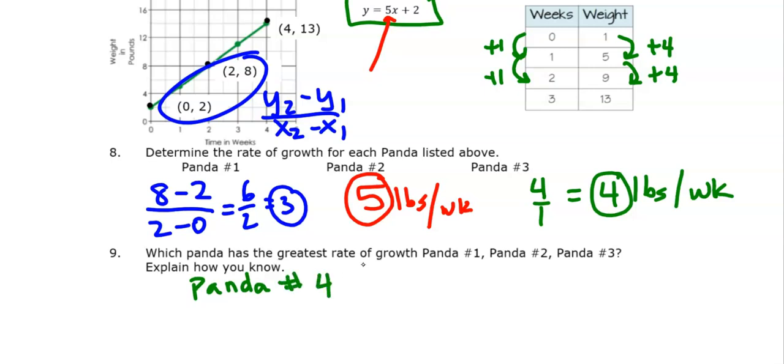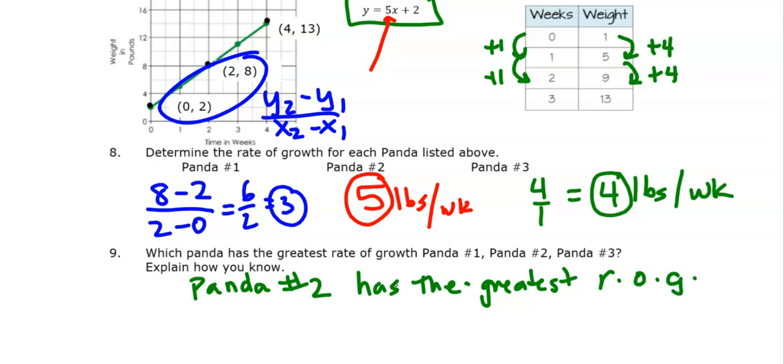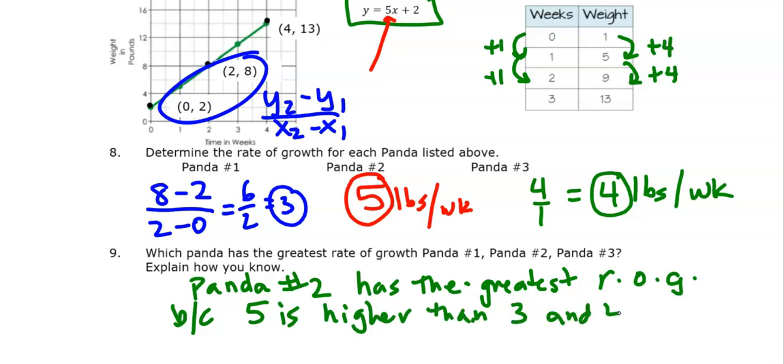Panda number 2 has the greatest rate of growth because 5 is higher than 3 and 4.